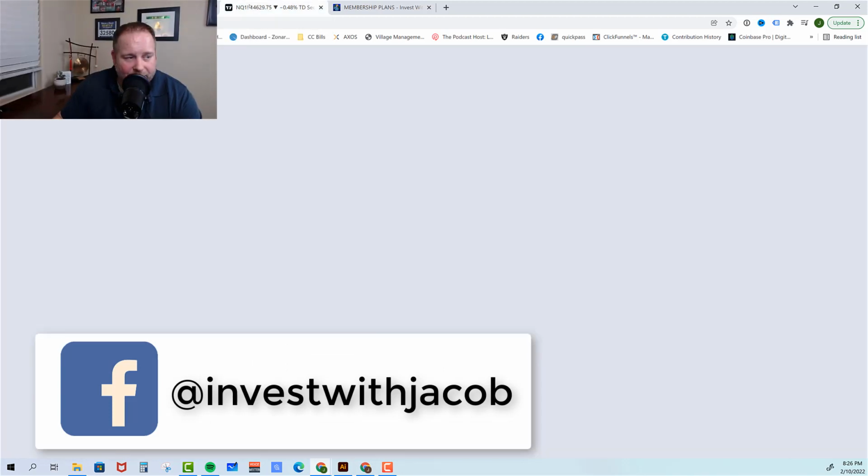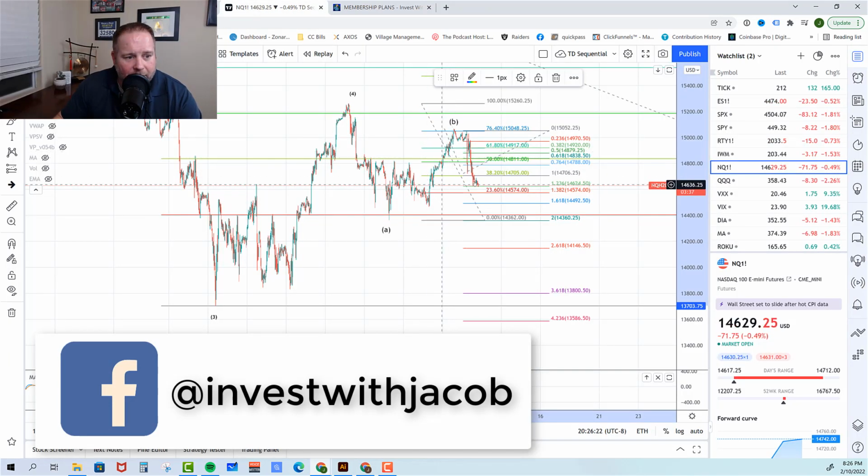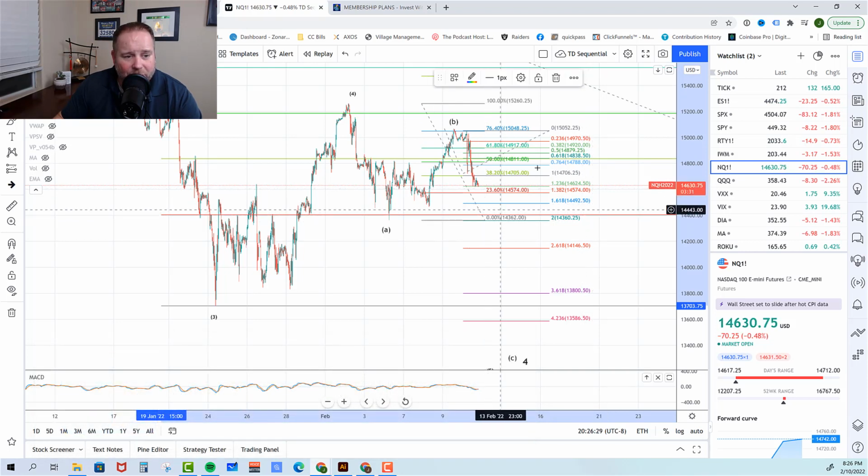On the NASDAQ, very similar to the S&P 500, they are looking to push it down towards this 14,492 to 14,360 level, get a bounce up, and then start their wave 3 of C down from there. However, if they are able to push through 14,360 and take out this A wave low, then it does open the door to a more direct move down in wave 3 over there as well.